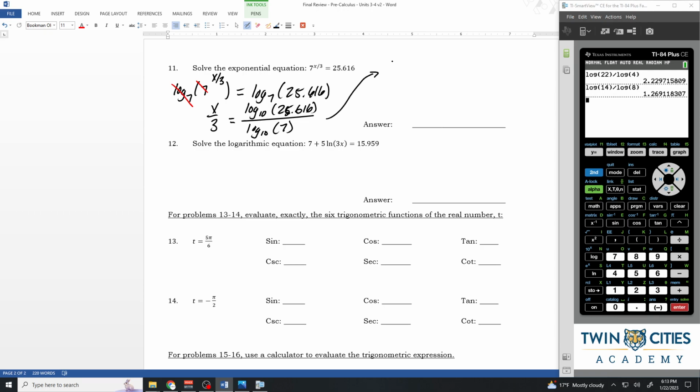Okay, let's first find out what that is. X over 3 is equal to log of 25.616 divided by log 7. Okay, so this is 1.6 repeating.